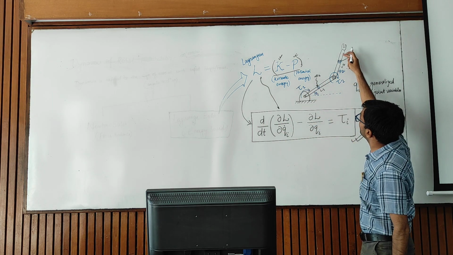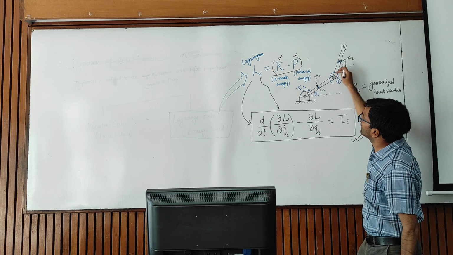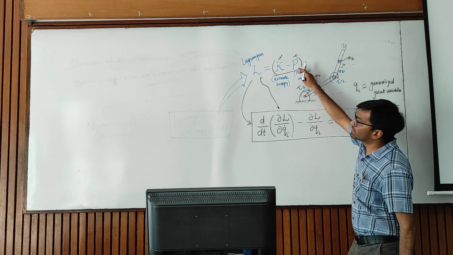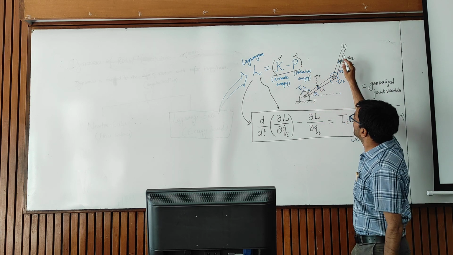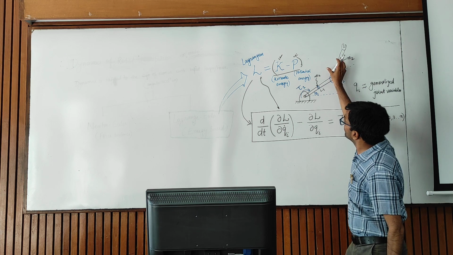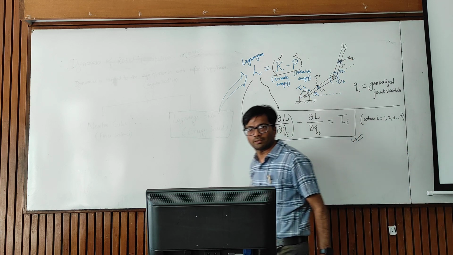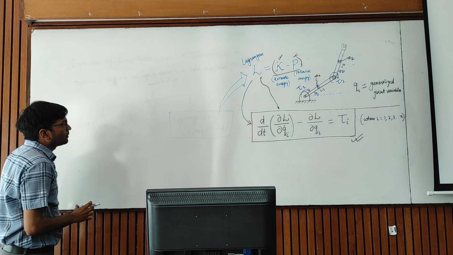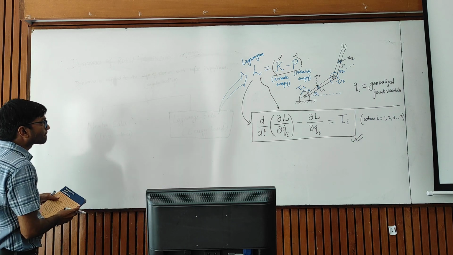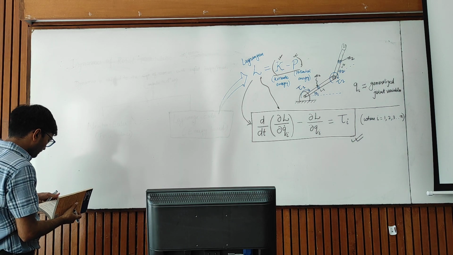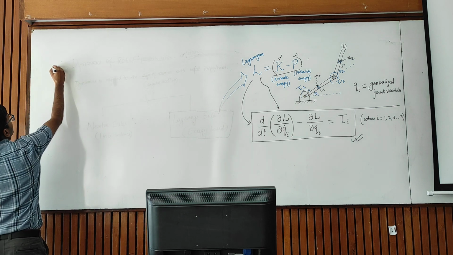Similarly, the second link will have certain kinetic energy and certain potential energy at some moment of time. Then you take that Lagrangian, put it here, and you get the second equation. This is how you do it. So first I have to find K1.